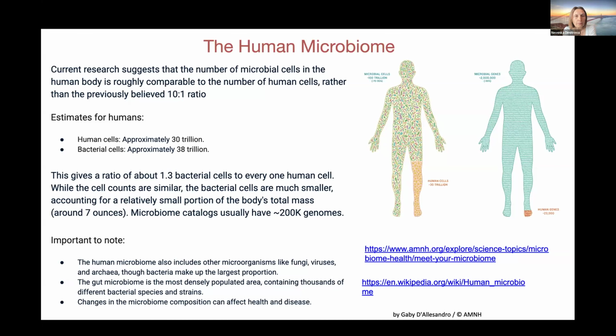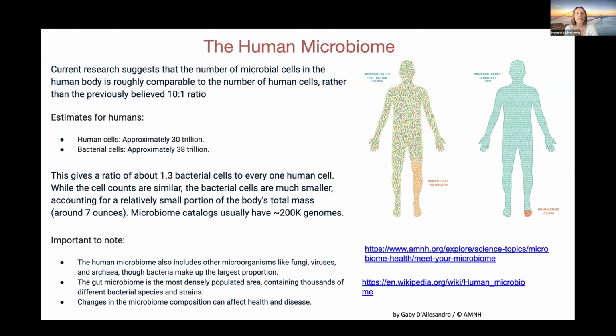And the microbiome catalogs today have about 200,000 genomes. When we started microbiome research a decade or more ago, this was like 10,000 genomes, meaning these are reference genomes that are assembled from multiple species.